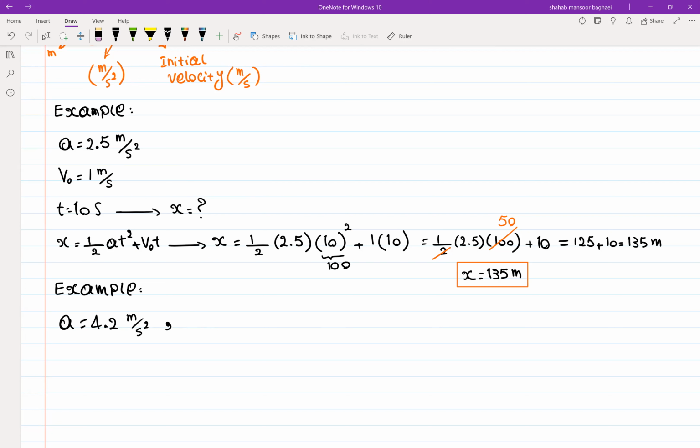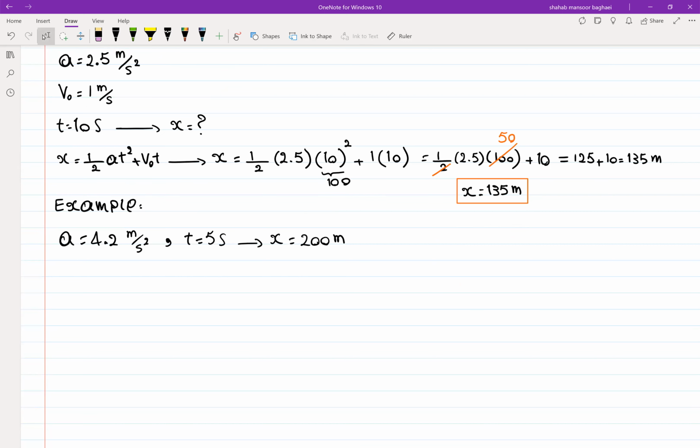We don't have V0. We can observe that after 5 seconds, the particle travels, x is 200 meters. If you have this condition, what is V0? What is the initial velocity of your particle?